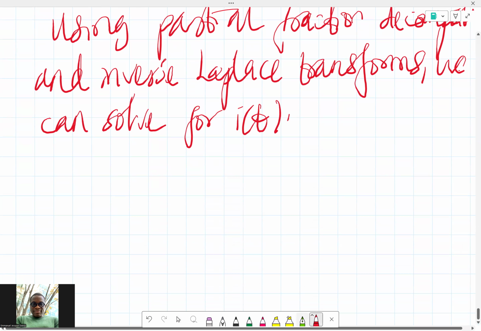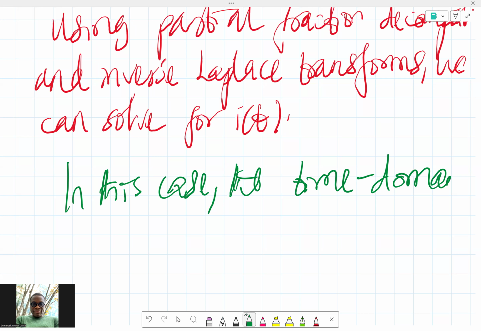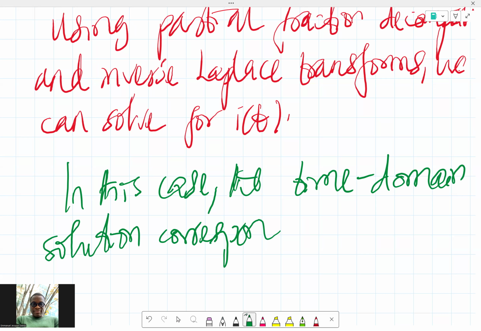In this case, the time domain solution corresponds to a damped oscillation.